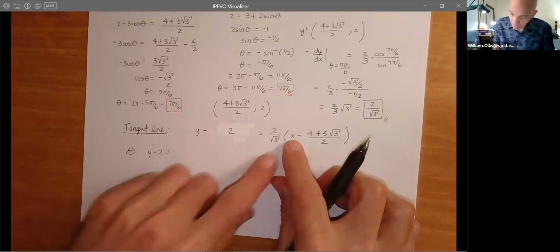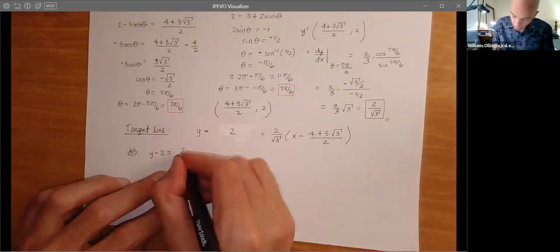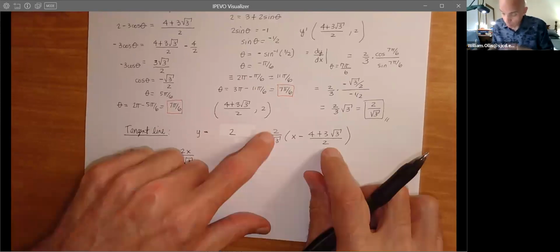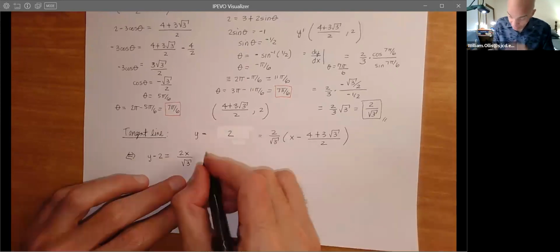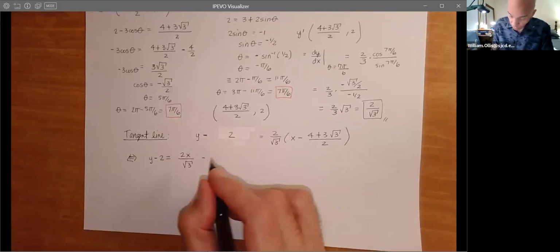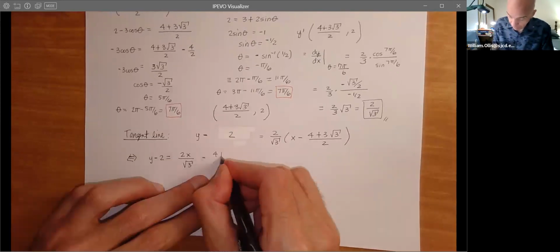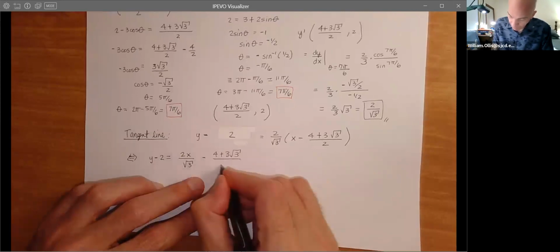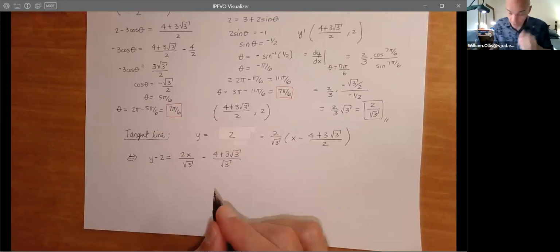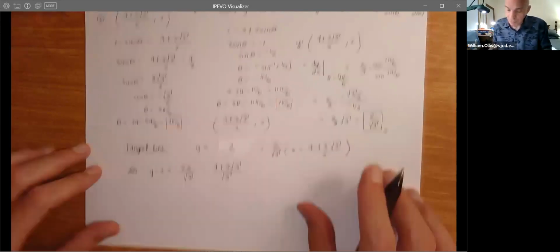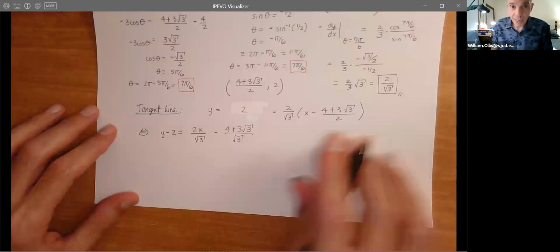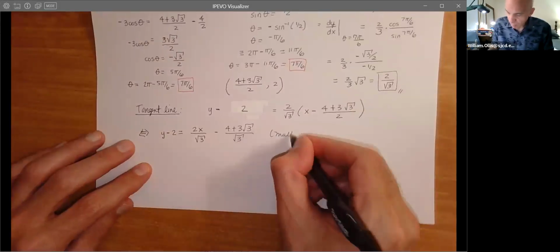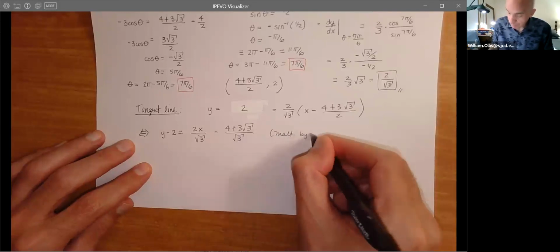Here we just get the 2x over root 3. And here the 2's absorb, and we get a minus 4 plus 3 root 3 over root 3. Now this is what I was talking about. If you want to clean this up to make it a little bit easier, we can just multiply everything by root 3.